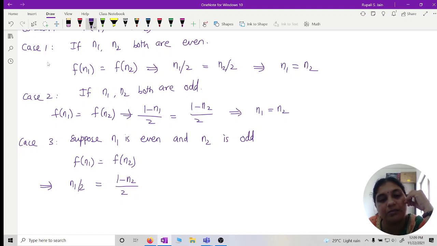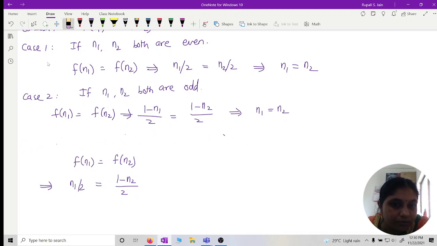Images can't be the same for even and odd. So this case 3 is not valid actually, because f of n1 can't be equal to f of n2, right?